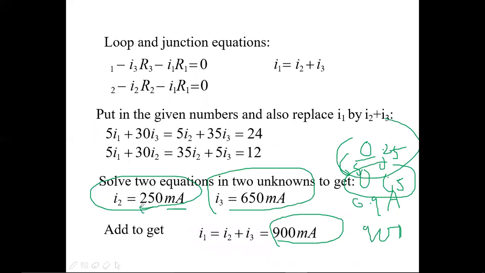That's it. He is getting the answers 1000 times larger in terms of numerical values. But if you write amps directly instead of milliamps, you will get 0.9 and 0.65 amps, the same answers.